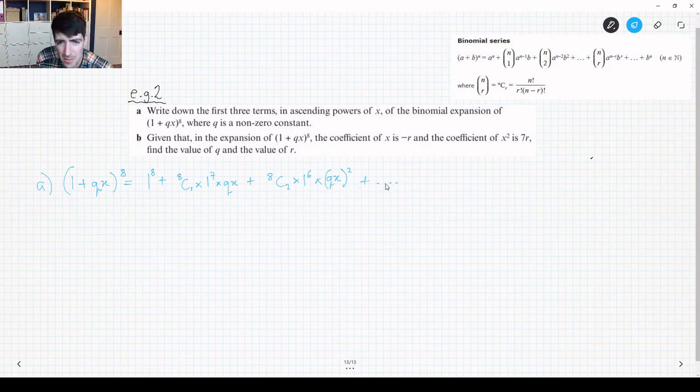So there would be in total 9 terms, because you'd have the constant term and then 8 different powers of x, but we only need the first 3.